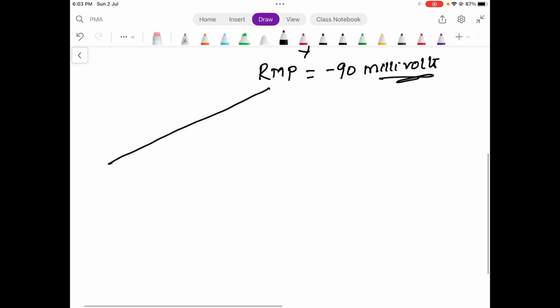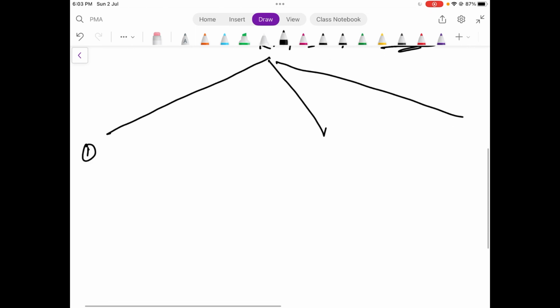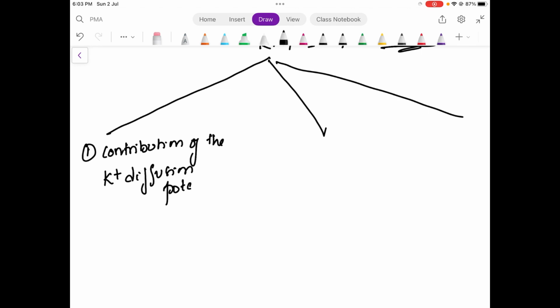And this resting membrane potential is contributed by three factors. One is the contribution of the potassium diffusion, which produces a potential.